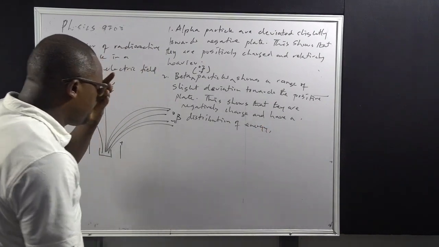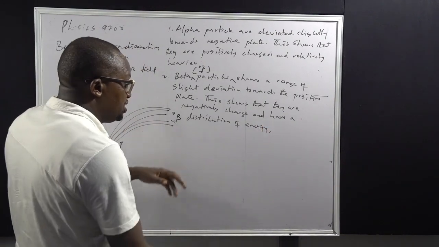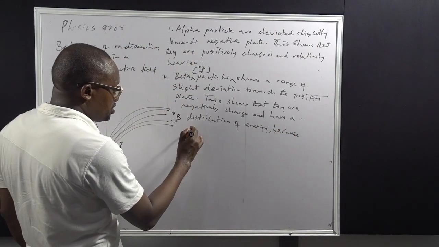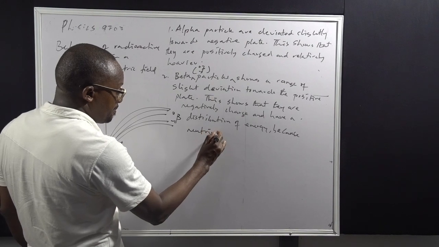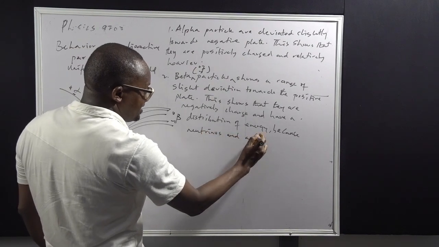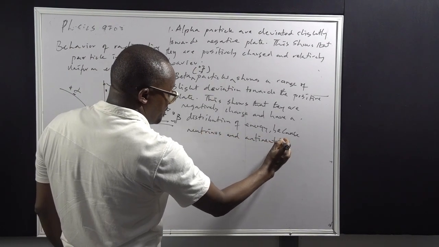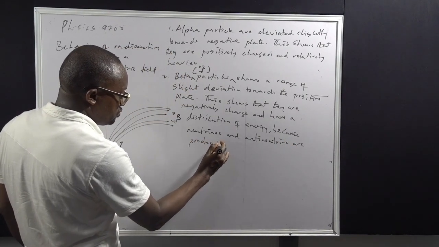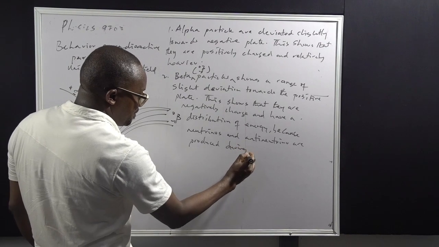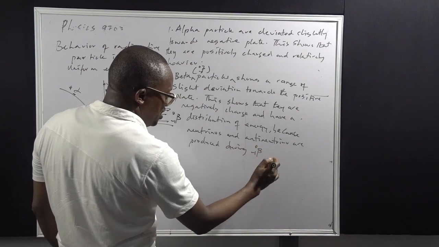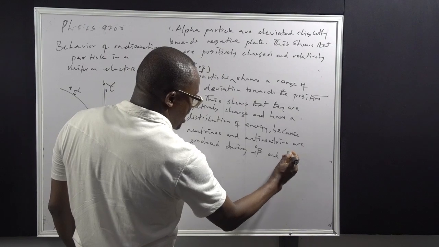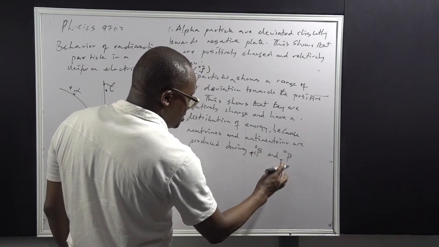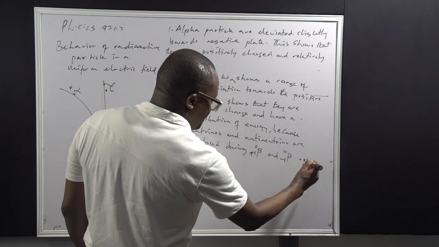Why do they have a distribution of energy? Because neutrinos and antineutrinos are produced during beta plus and beta minus decay, respectively.